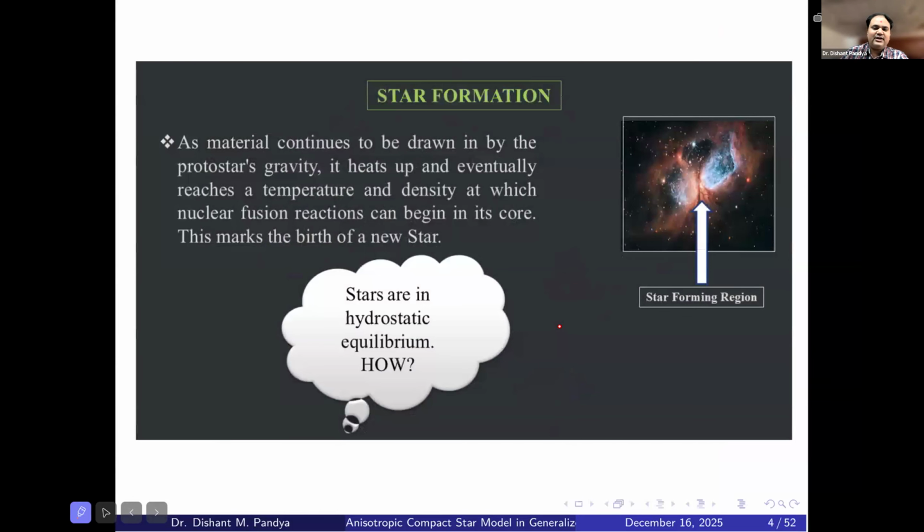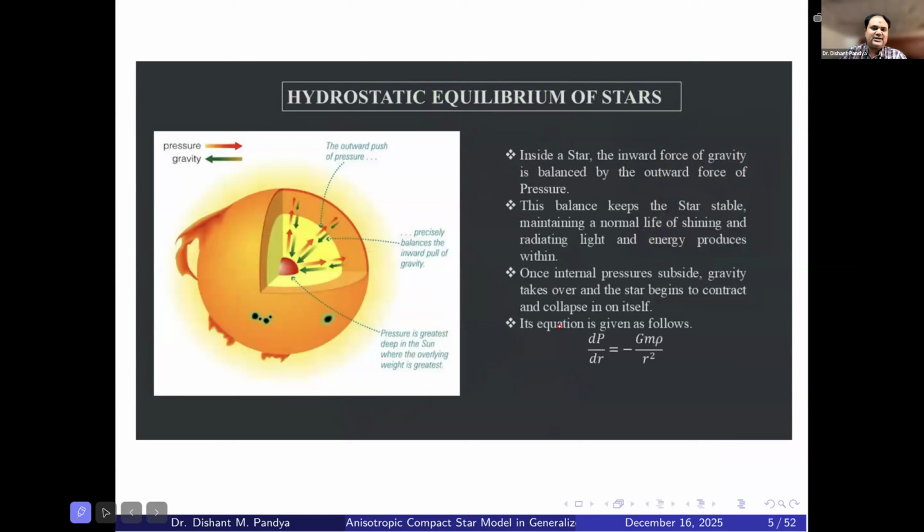When the early formation starts, we have this kind of region, and then scientists study the hydrostatic equilibrium, which is responsible for the stability of the star, and it also turns out that there is a connection with the star's shape as well. For example, a spherical structure or maybe some non-uniform star.